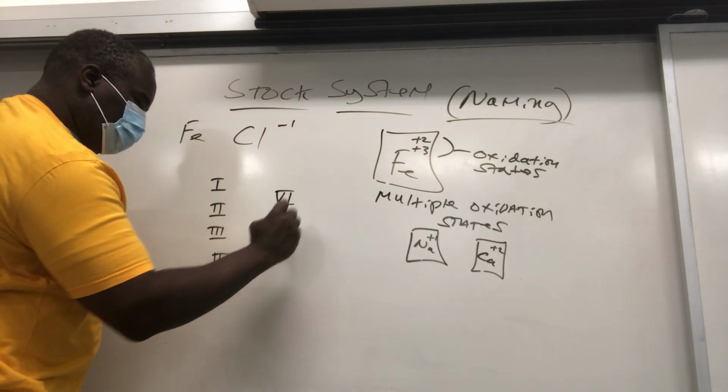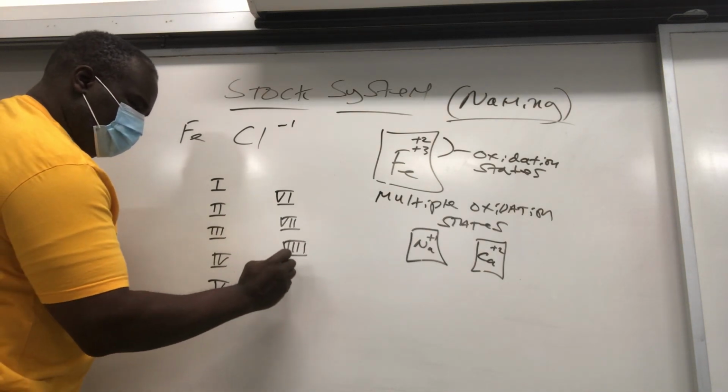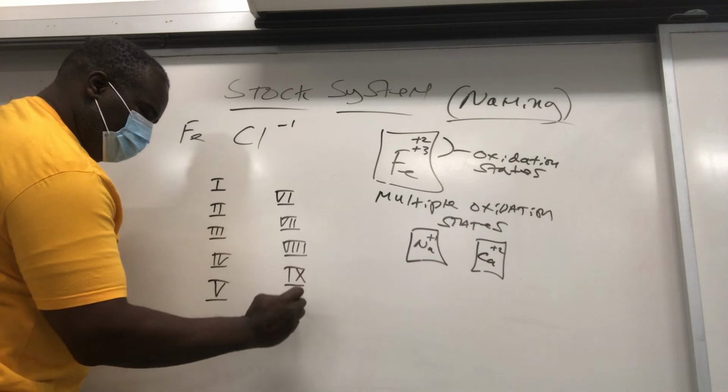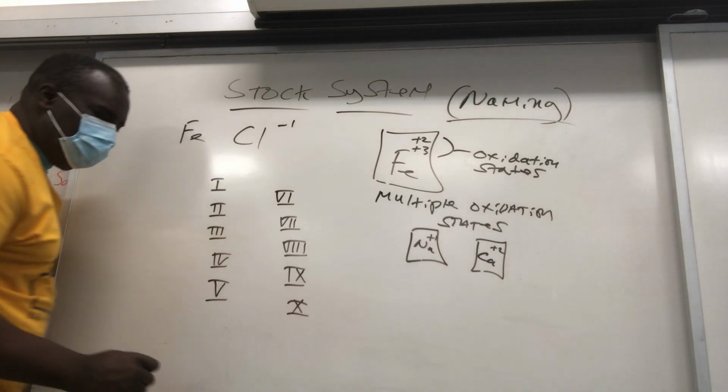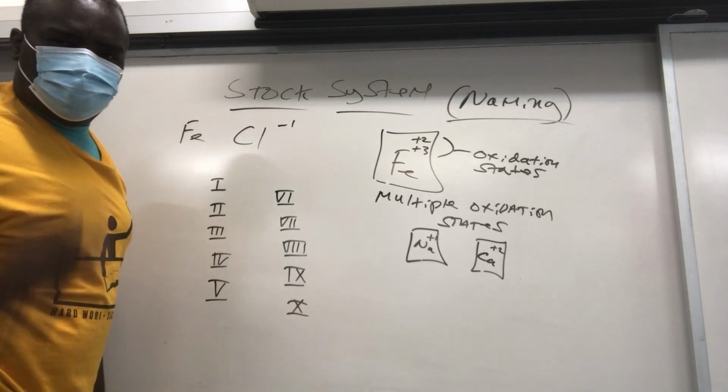V and two I's is 7. V and three I's is 8. Then IX for 9 and X for 10. We rarely use 10 and 9, but just make sure you know the first 10, and we're good to go.